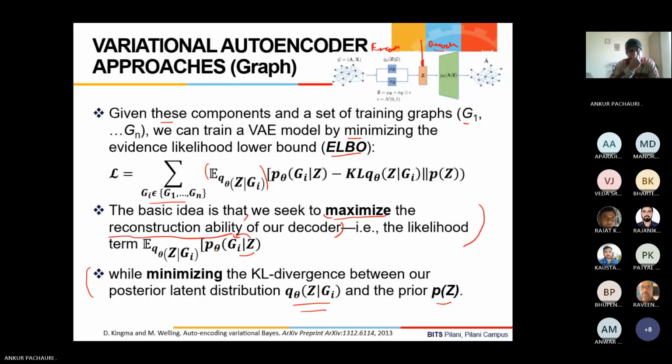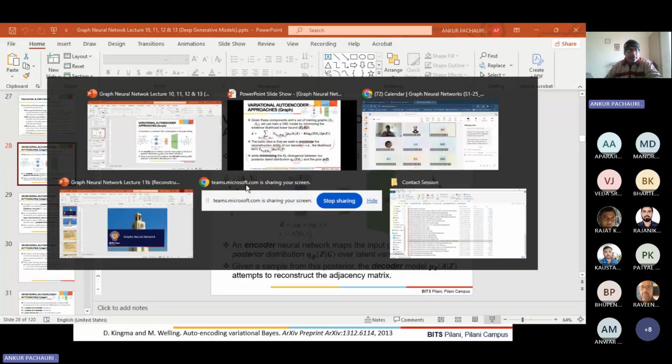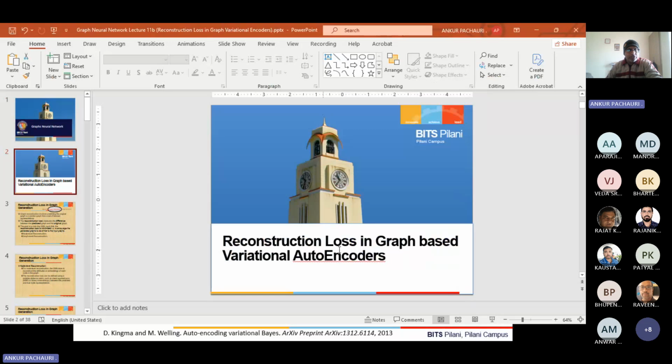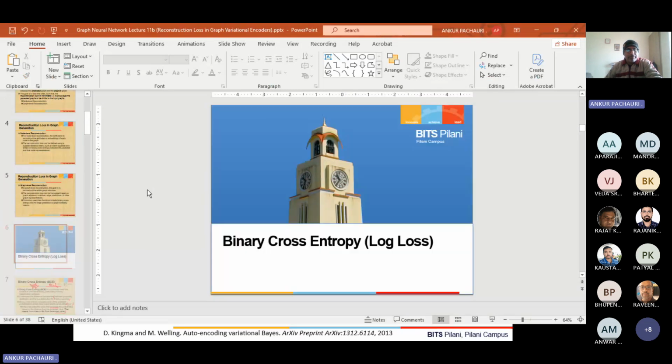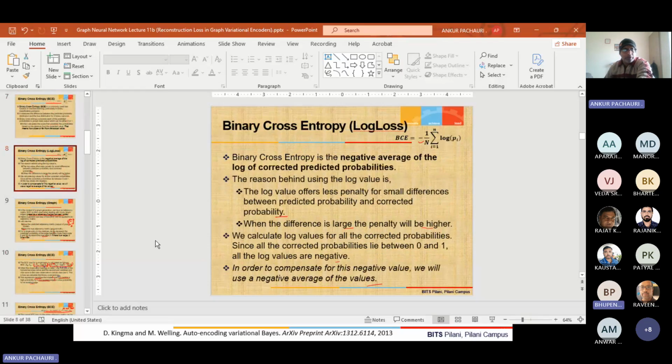As of now, they are just symbols. We will look at each one of them in full detail, not to worry. We will be covering reconstruction loss in variational autoencoders in full detail.